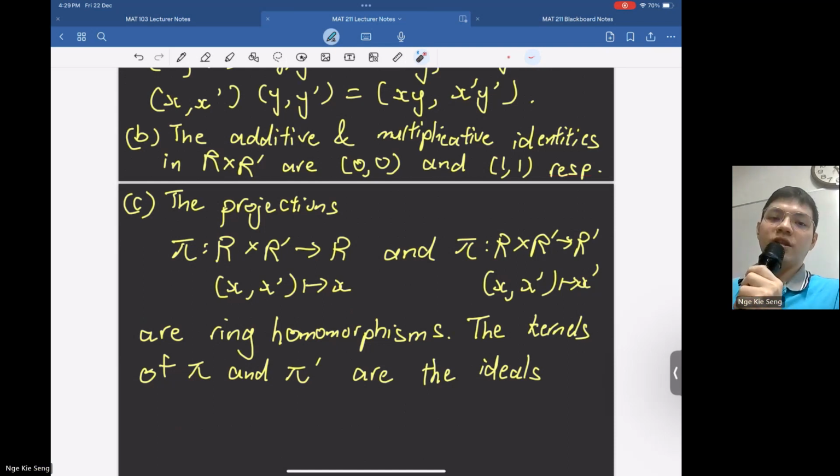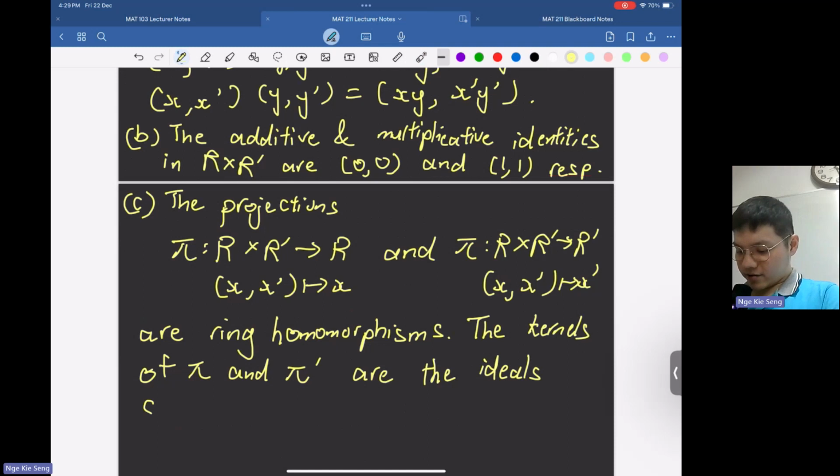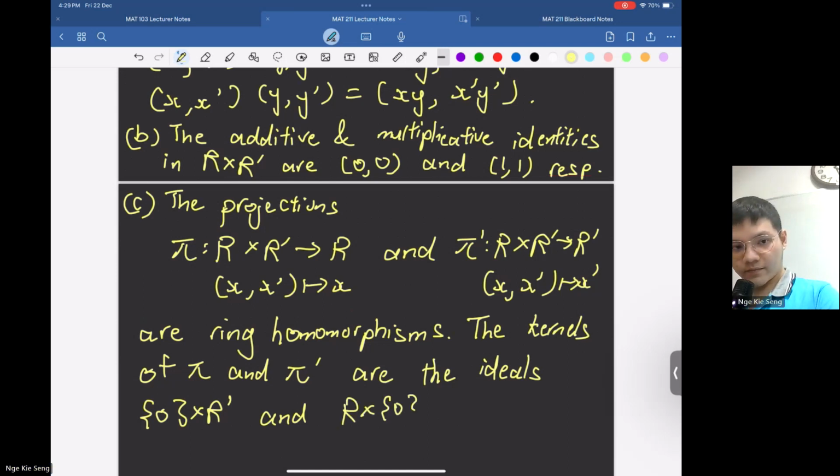Sorry? (x, 0)... (0, x). So meaning 0 cross the whole ring R'. And similarly for the other one, pi', we should have R cross 0.